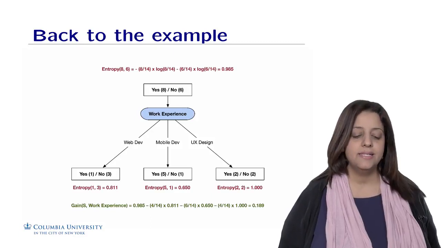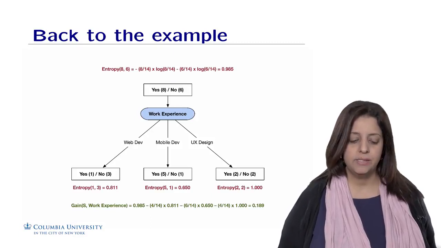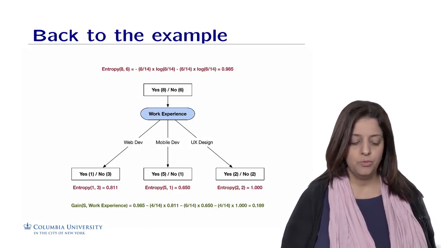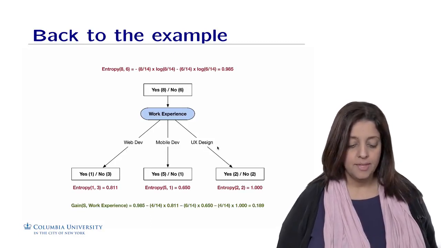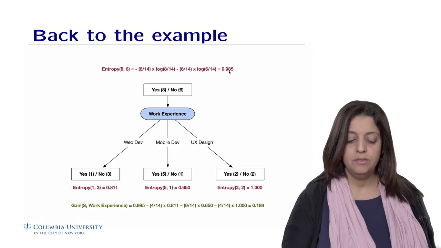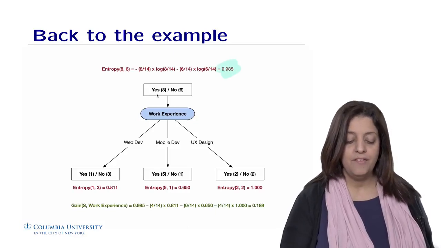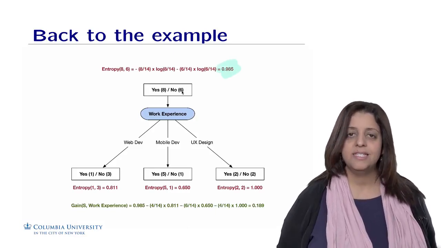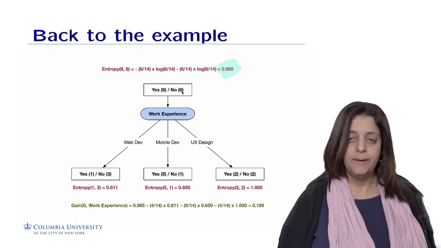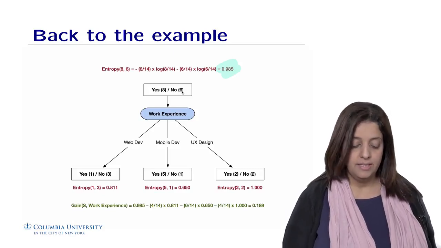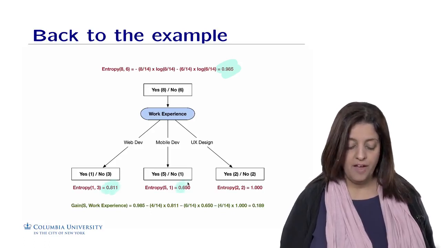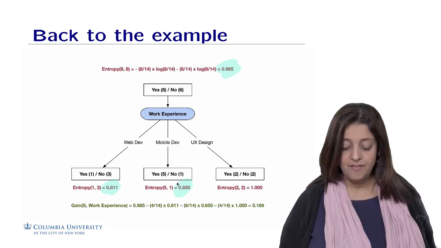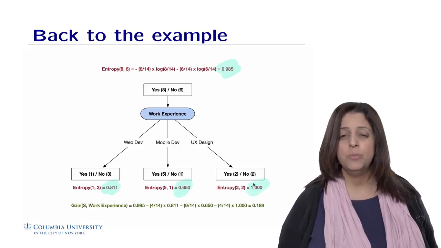We'll do a similar process for the feature work experience, which splits based on the 3 values of web dev, mobile dev, and UX design. The entropy at the root is the same, since we always have 8 positive versus 6 negative at the top. If we split by work experience, the node on the left will have an entropy of 0.81, the node in the middle 0.65, and the node on the right an entropy of 1.